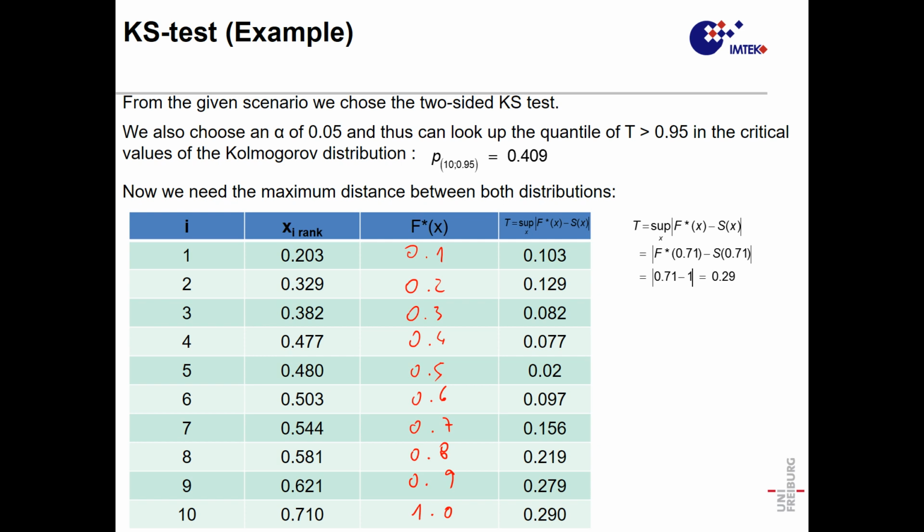It's the absolute value, so we don't care how we subtract it: 0.203 minus 0.1 is 0.103. 0.329 minus 0.2 is 0.129, right? So if you do the math, then you look at which of these is the largest deviation, and that will be the value. So this will become our t statistic, right? The t that we are looking at.